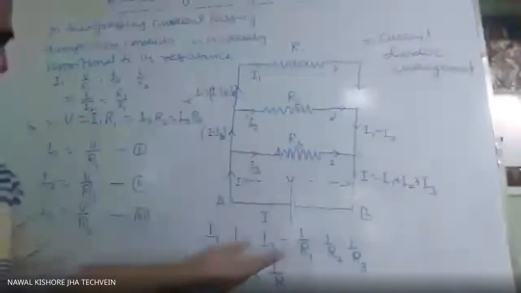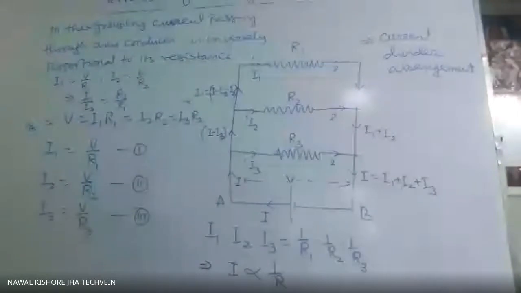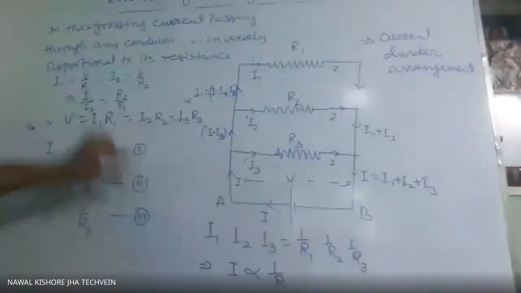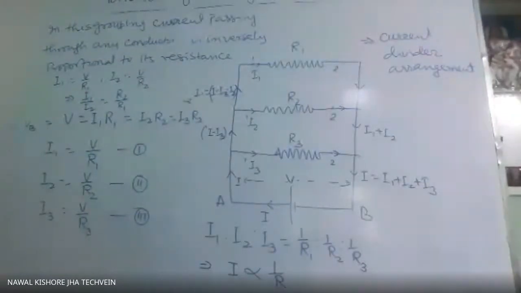And you know how to convert it into a simple ratio. If you are dividing any money into three parts, like this ratio is given, then you know how to find each value, you have done it in mathematics. So if we add these three, what are we getting? We will take common, then 1 by R1 plus 1 by R2 plus 1 by R3.